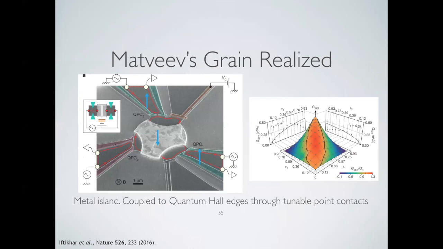And so a few years ago, Frederick Pierre, who's now at Saclay, had a very clever idea, which was to use the best of metals and the best of semiconductors. He made a metal grain that was intimately coupled to a high quality 2D electron gas in a semiconductor.